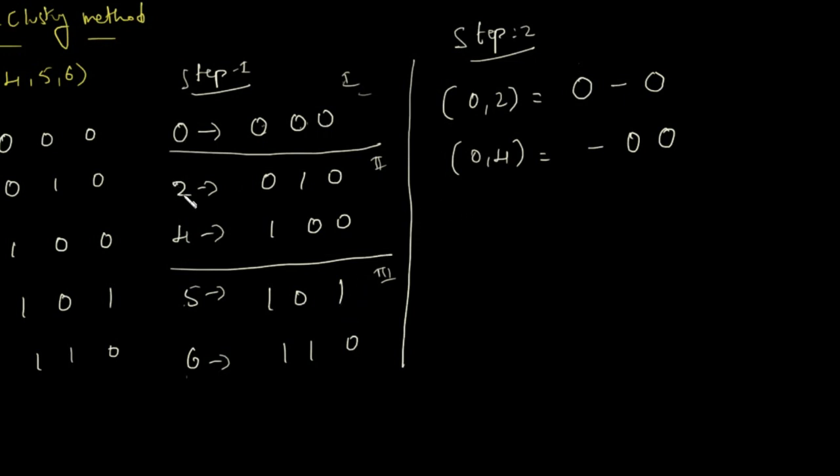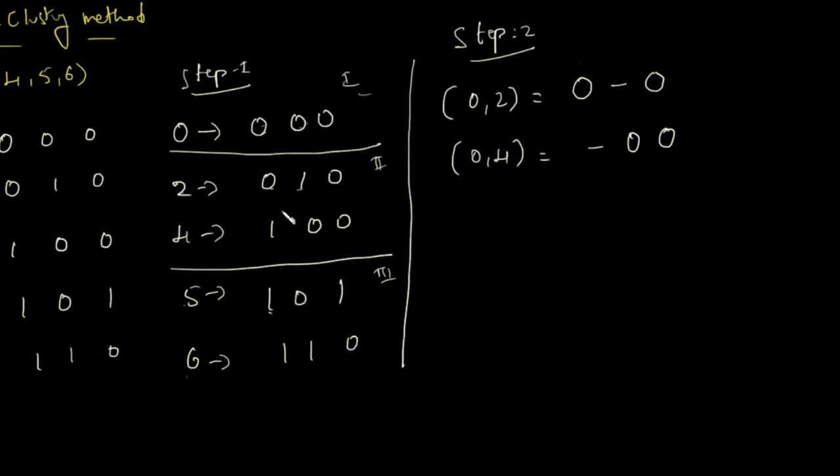Now we can try 2 with 5. If you compare 2 with 5, the first bit is changing, the second bit is changing, and the third bit is also changing. All 3 bits are changing, so we cannot make a group here. And you can compare 2 with 6.